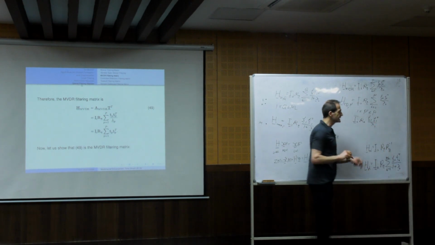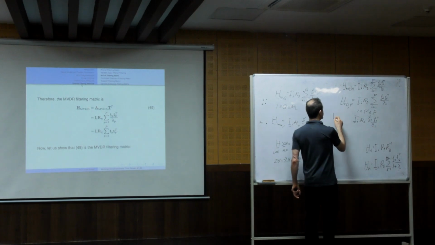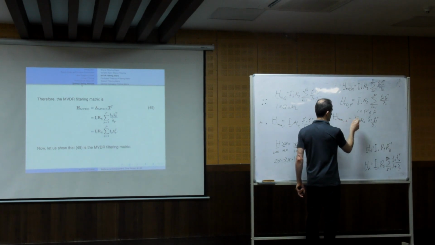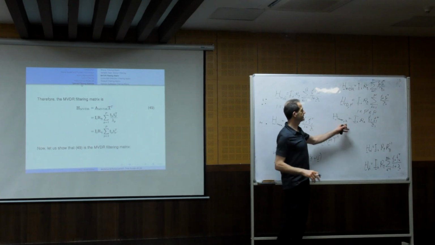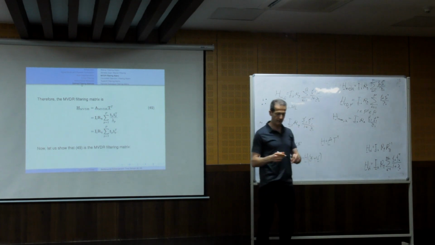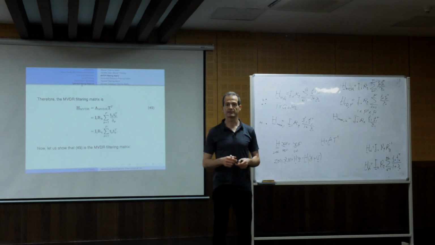So you see, this is another expression for the maximum SNR filtering matrix. So I call it number 2 because it's another expression. I want to identify this from this. Both of them, if you use them, the output SNR will be the maximum possible SNR.